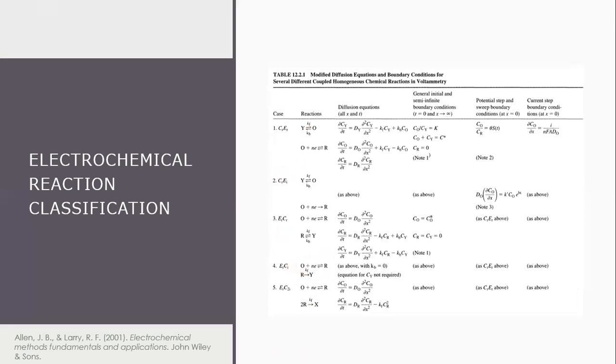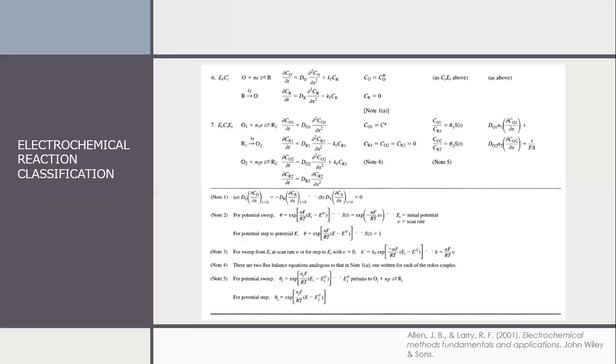So the list of combinations goes on, and depending on the type of the reaction you're working with, the diffusion equation varies, and the current IV response varies. So these are a few more examples. And sometimes the electron transfer process is actually multi-step.